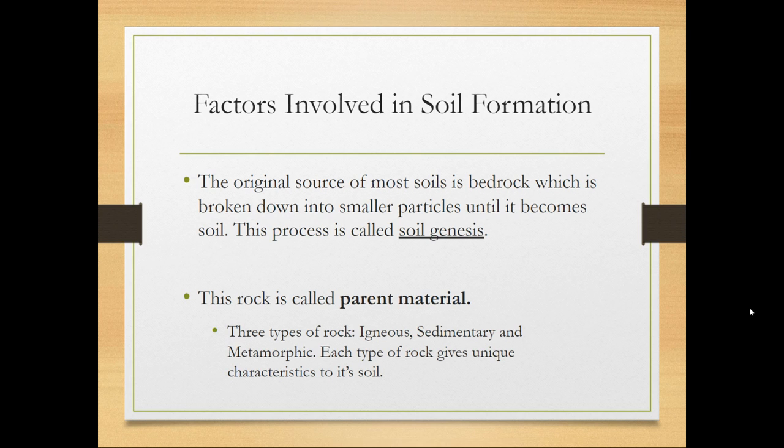You have igneous, sedimentary, and metamorphic. And each of those types are formed differently, and they also contribute different characteristics to the type of soils that they make. So again, the parent material is typically bedrock that is broken down by some process that we'll talk about in a little bit to form soil.